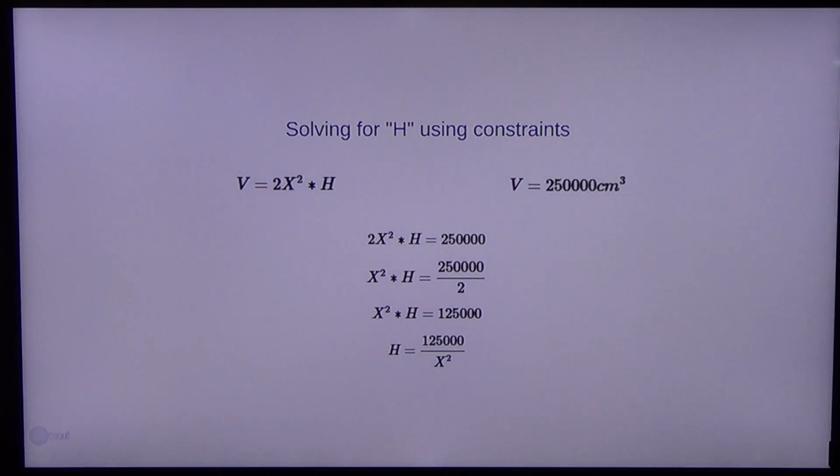Now since we know that the volume is 250,000 cubic centimeters, we'll actually use the 2x squared times the height, or the 2 of the width times the height, equaling the 250,000 centimeters cubed, and solve out for h, which we get 125,000 over x squared.